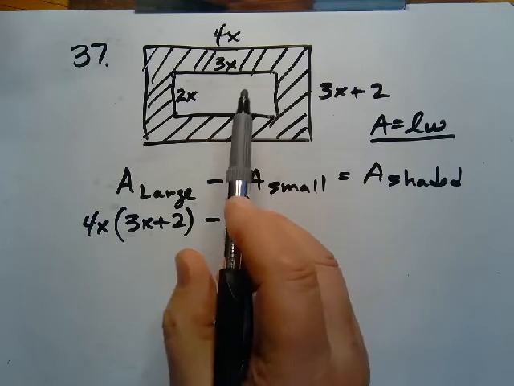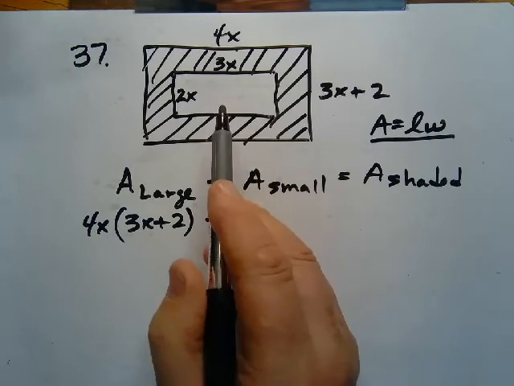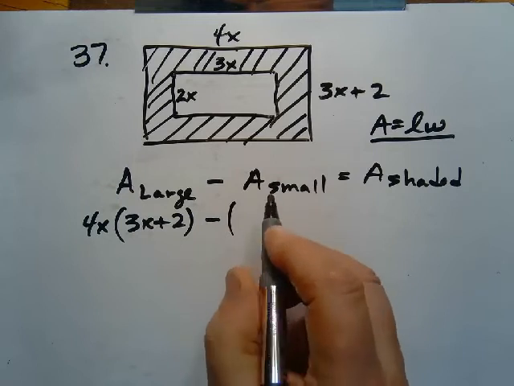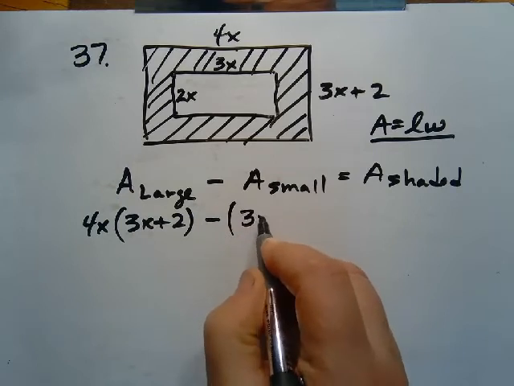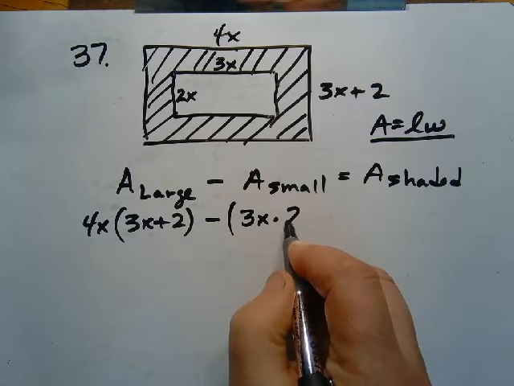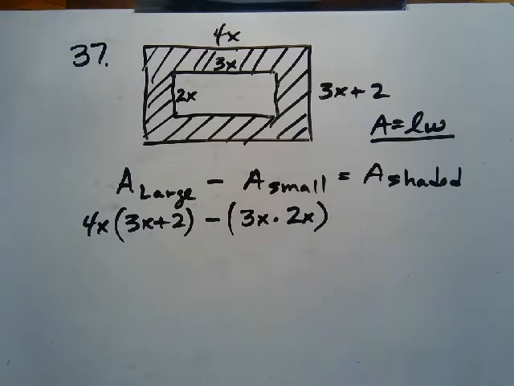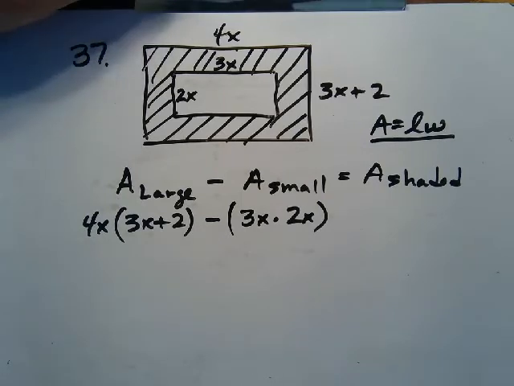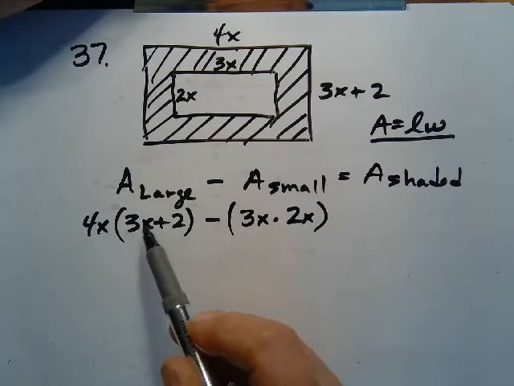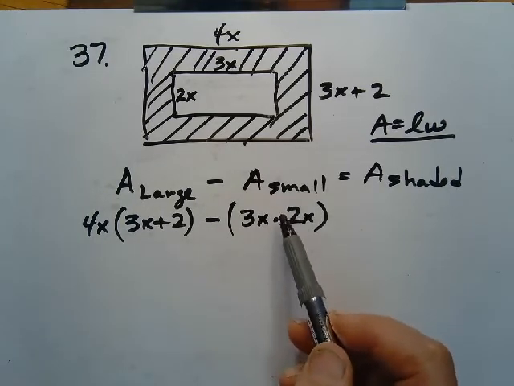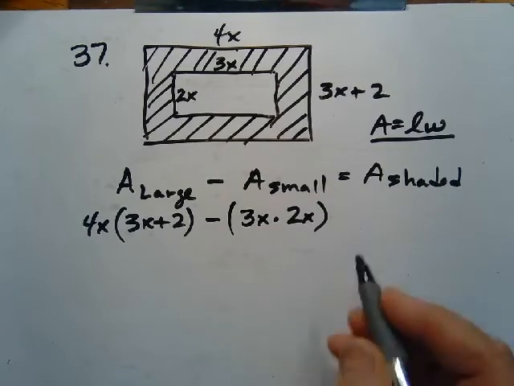Minus the area of the smaller rectangle. I'm going to put this in parentheses just to make sure I get it right. The length times the width. The reason I put the whole thing in parentheses is I've got to subtract all of this, and I wanted to make sure I wasn't going to not do that. So the area of the large rectangle is here, minus the area of the smaller rectangle, and that ought to give me the shaded region.